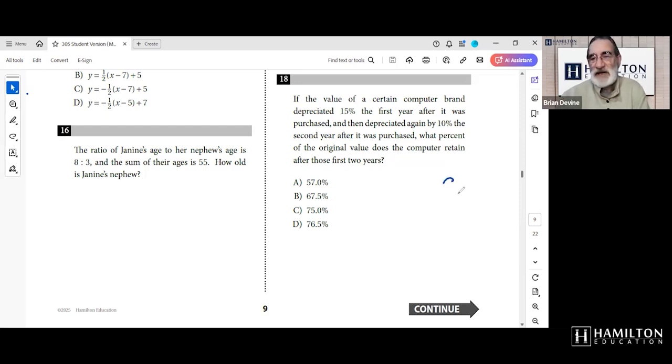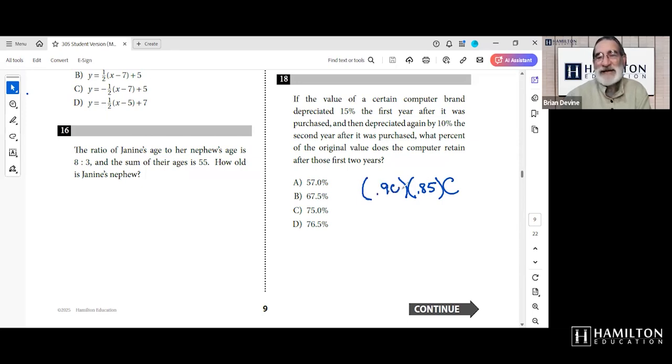Well, if I let C be the price of the computer when it was purchased, the first year goes by and we take away 15%, so it's now worth 85% of what it was originally. Then the next year goes by and that value drops by 10%.